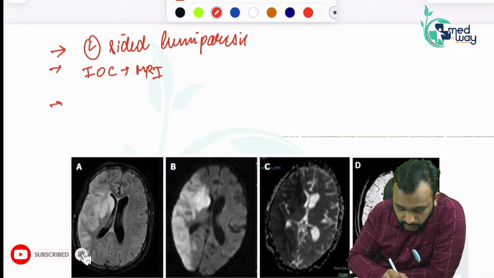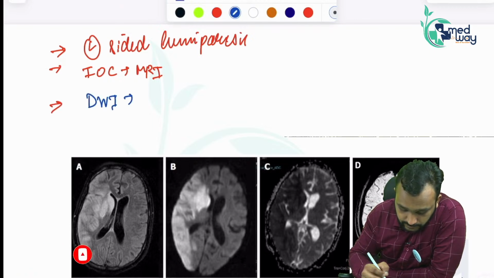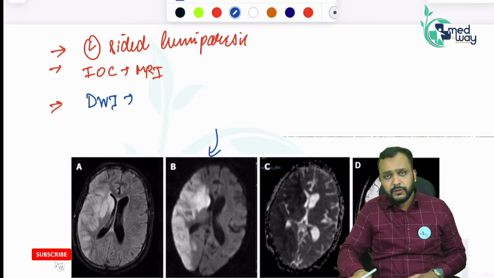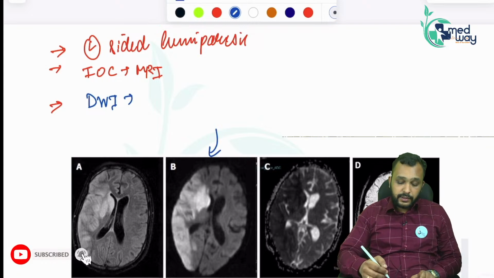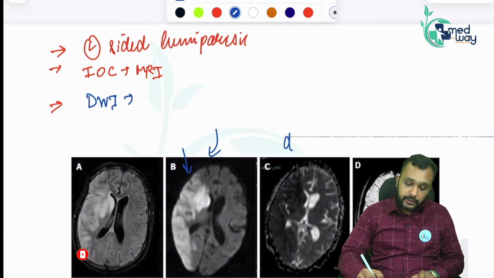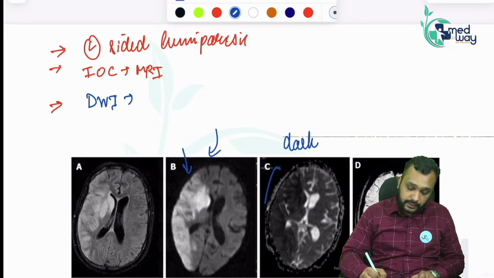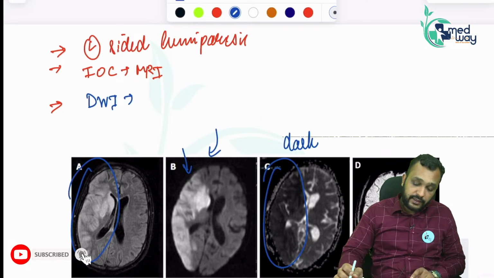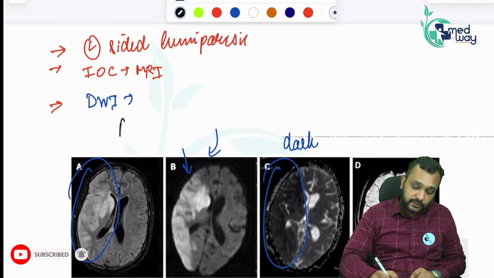And on MRI, what you will see, on diffusion weighted images, there will be a hyperintensity, right? So these are the diffusion weighted images showing hyperintensity on DWI, dark on ADC maps, right? Dark on ADC maps, and again hyperintense on FLAIR images. So these are the features of acute infarct.